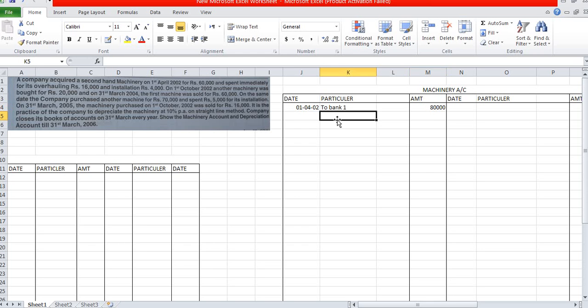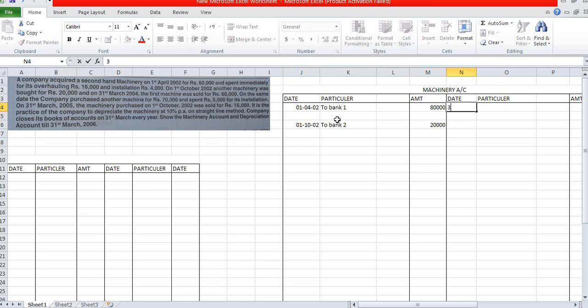And the same year, 1st October 2002, to bank, second machine was purchased and that amount is 20,000.